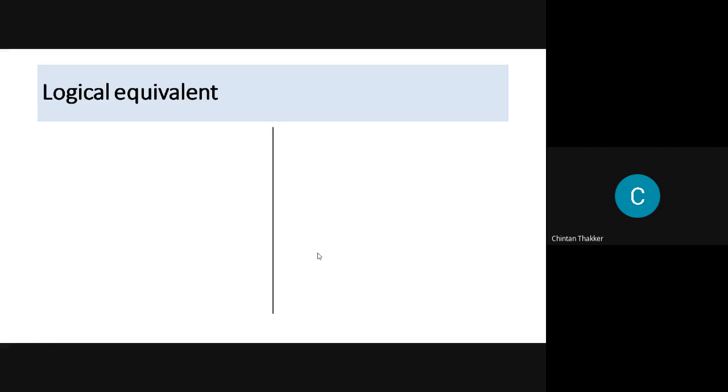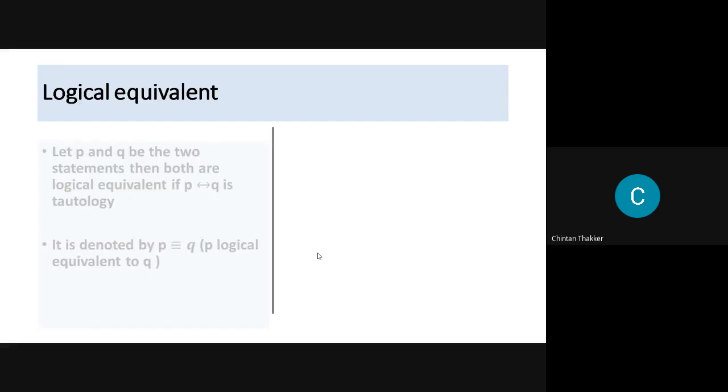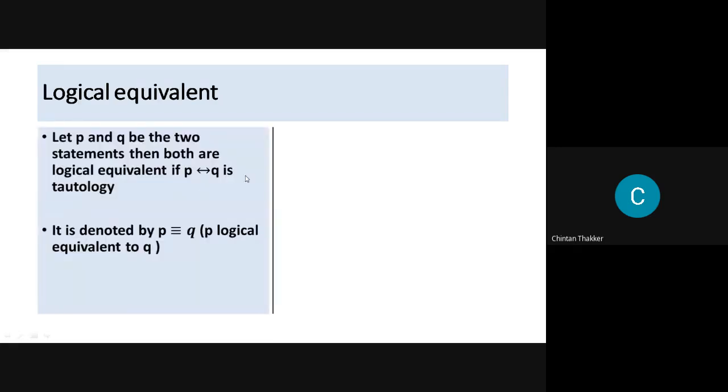So logical equivalence means if you are given two compound statements, suppose P and Q, then the two statements are called logically equivalent if the biconditional statement of the two compound statements, P if and only if Q, is a tautology.